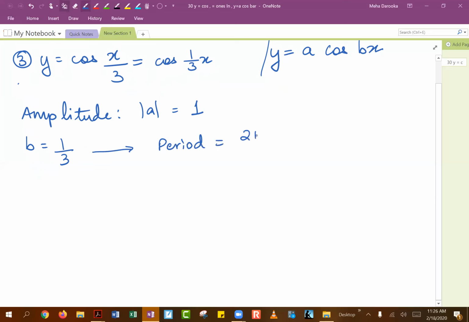So remember, period for a basic cosine function is 2 pi, so you take 2 pi divide by b, or 2 pi divided by 1/3 will end up giving you what? Yeah, you're actually going to end up with 6 pi.